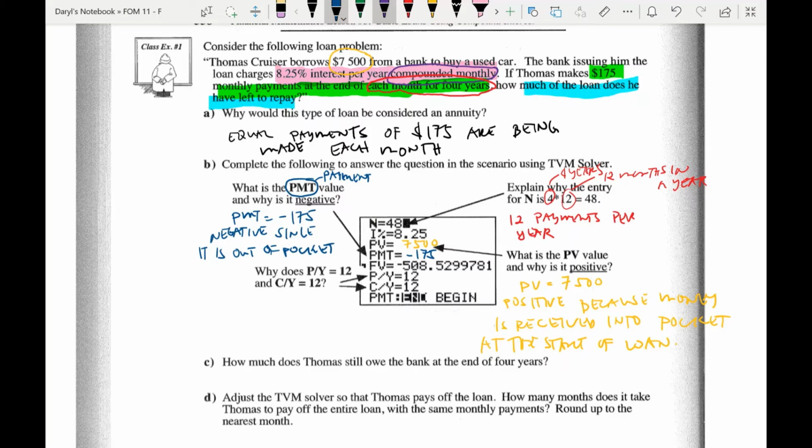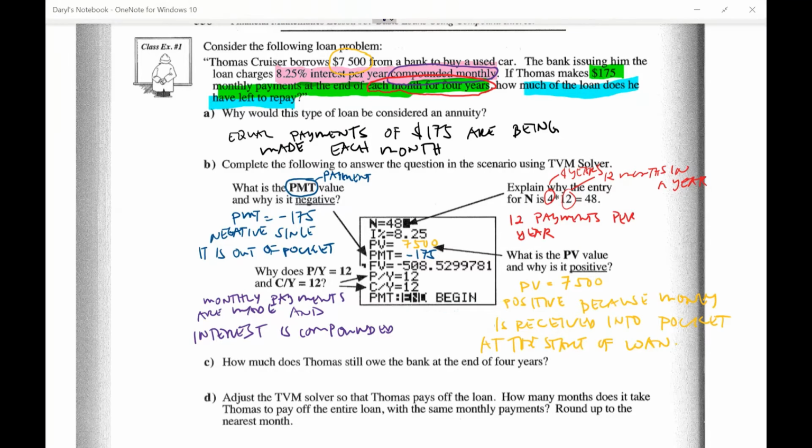So monthly payments are made and interest is compounded monthly.